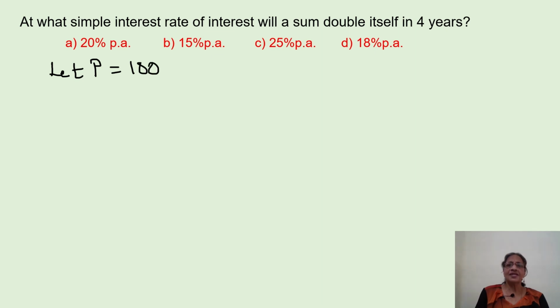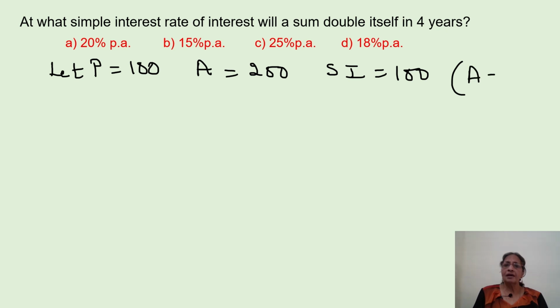You can let it remain as P also. Now the sum doubles itself. That means the amount will become 200. So obviously from here, the simple interest is rupees 100. And this we have got by amount minus principal.